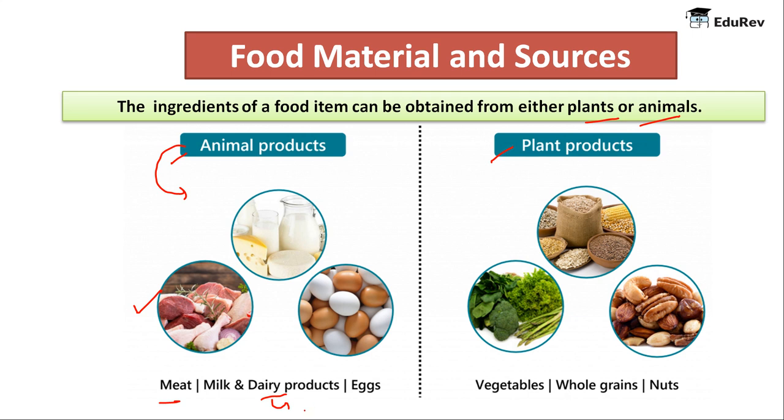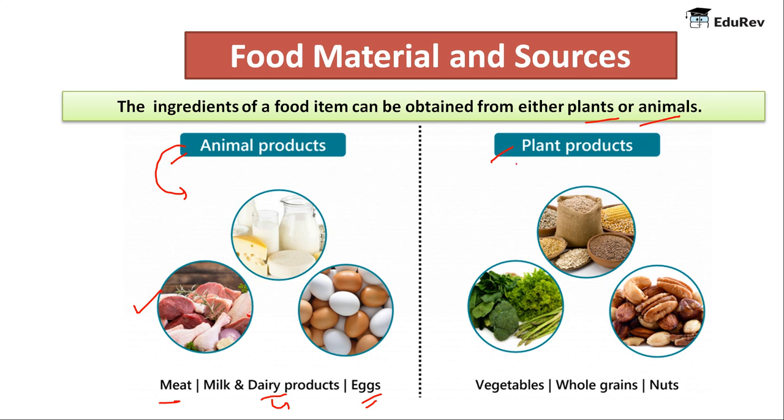We call paneer cottage cheese in English. Be it buttermilk. All the dairy products and milk itself are animal products. We get milk from cow or buffalo. Eggs are also an animal product. We derive eggs from hens.